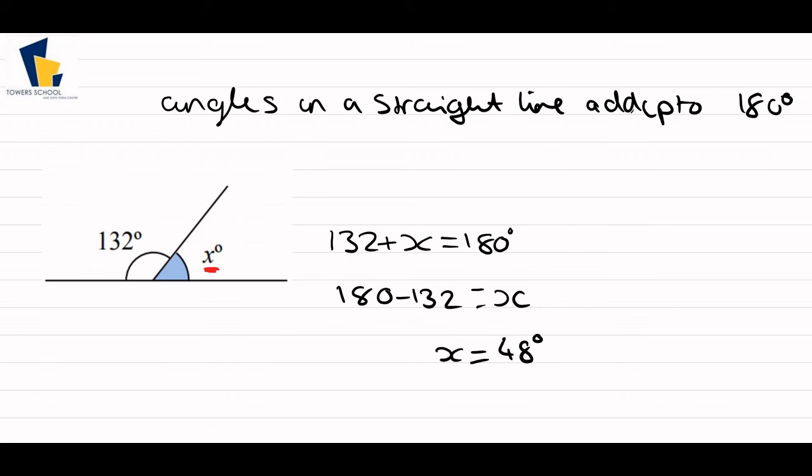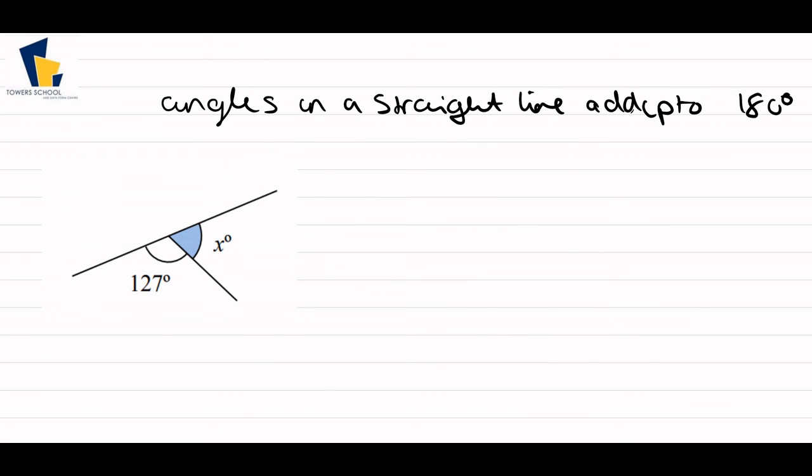Let's have a look at another one. So here we have another diagram. I'd like you to pause the video here and copy this diagram out. So again, we know that both angles are going to add up to 180 degrees. To find the value of x, I need to take the angle that I know away from 180 degrees.